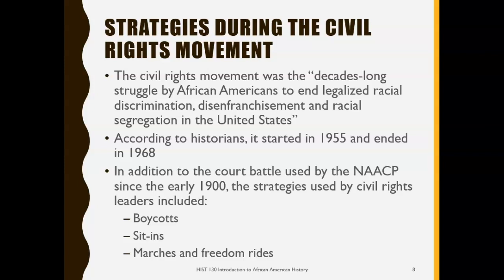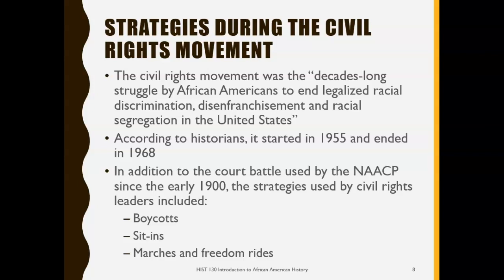In addition to the battle in court that was waged by the NAACP since its creation, the strategies used by the civil rights movement leaders included boycott. So the most specific example was the bus boycott in Alabama.